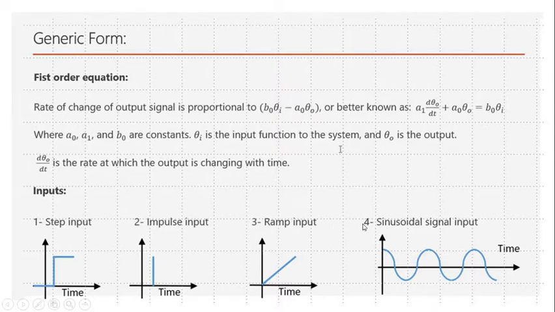Now the fourth category of input can be called sinusoidal signal. So we have an oscillating signal that is moving between 2 points, maximum and minimum, and it has a uniform shape that is oscillating constantly over time between these points.